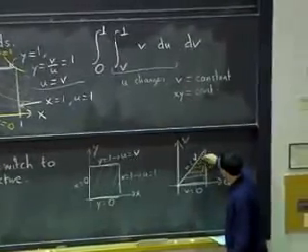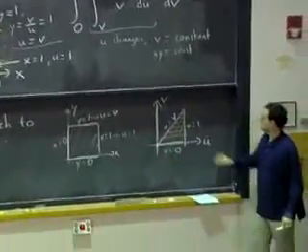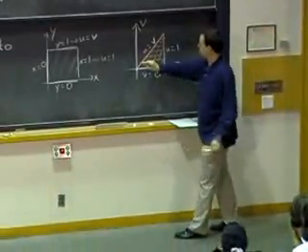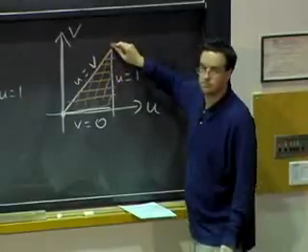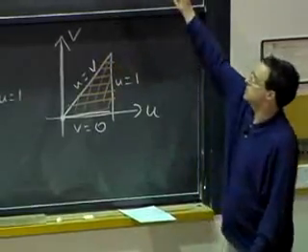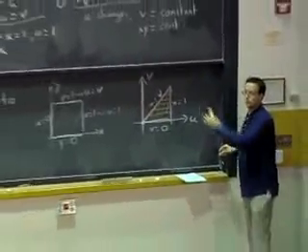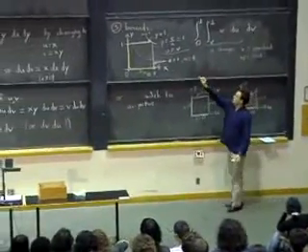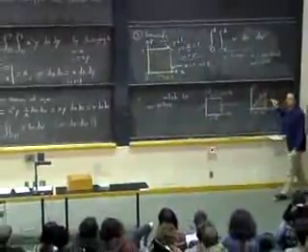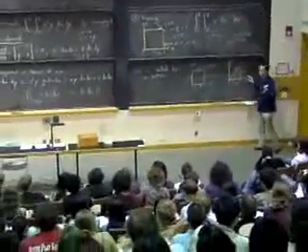So we're going to integrate over slices like this. And you see for each value of v, we go from u equals v to u equals 1. And v goes from 0 to 1. So you get the same bounds just by drawing a different picture. It's up to you to decide whether you prefer to think on this picture or draw that one instead. It depends on which problems you're doing.